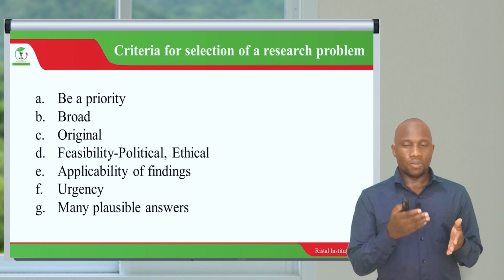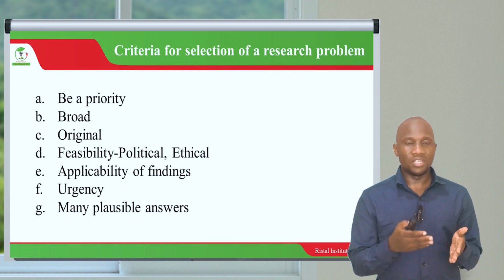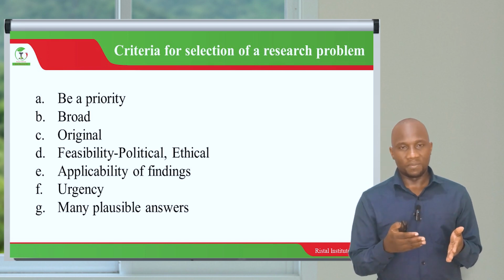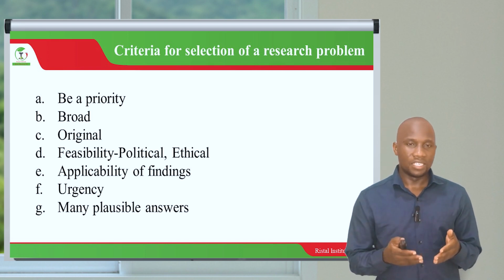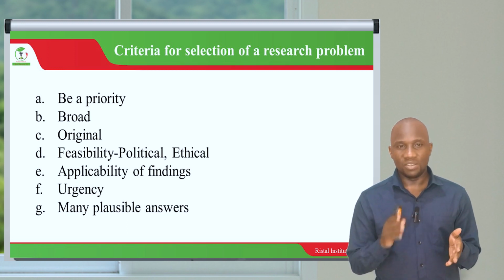So, the research problem should be one that many individuals are interested in seeking a solution to. So, it should have priority. It should be a priority problem that can be addressed. And also, the research problem should not be too narrow. At least let it be broad, but not vague.